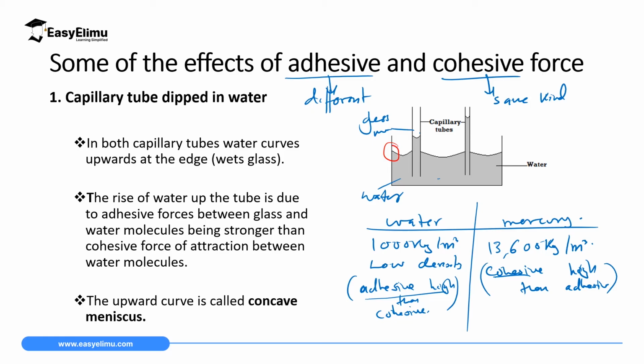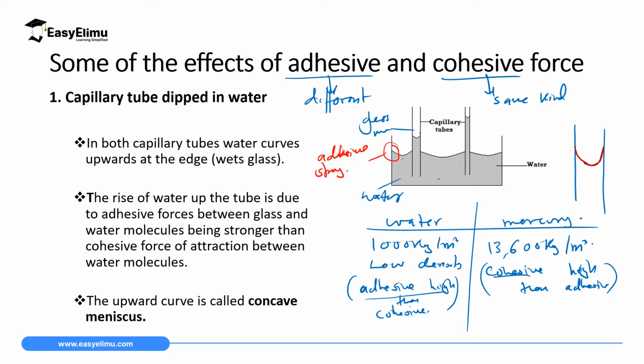So here adhesive is strong, and cohesive is weak. Like in this case, we are saying in both capillary tubes, water curves upwards. If I can draw a good example of that capillary tube now, when it's wide, you can see in both cases, water curves upwards like this.